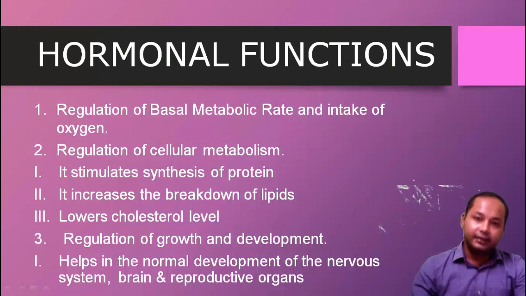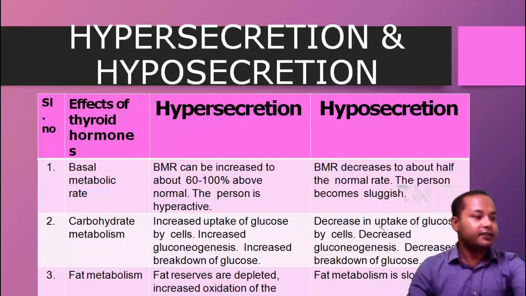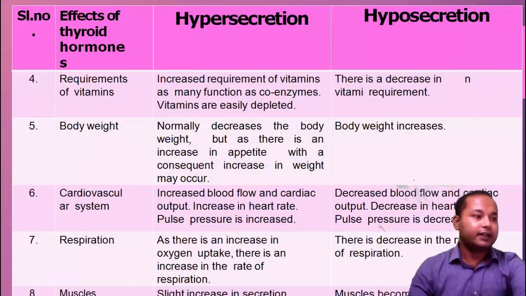And when there is decreased secretion, you already know the name: this is the hypothyroid state. The increased secretion is the hyperthyroid state. These are both pathological states of increased and decreased secretion of the thyroid gland.